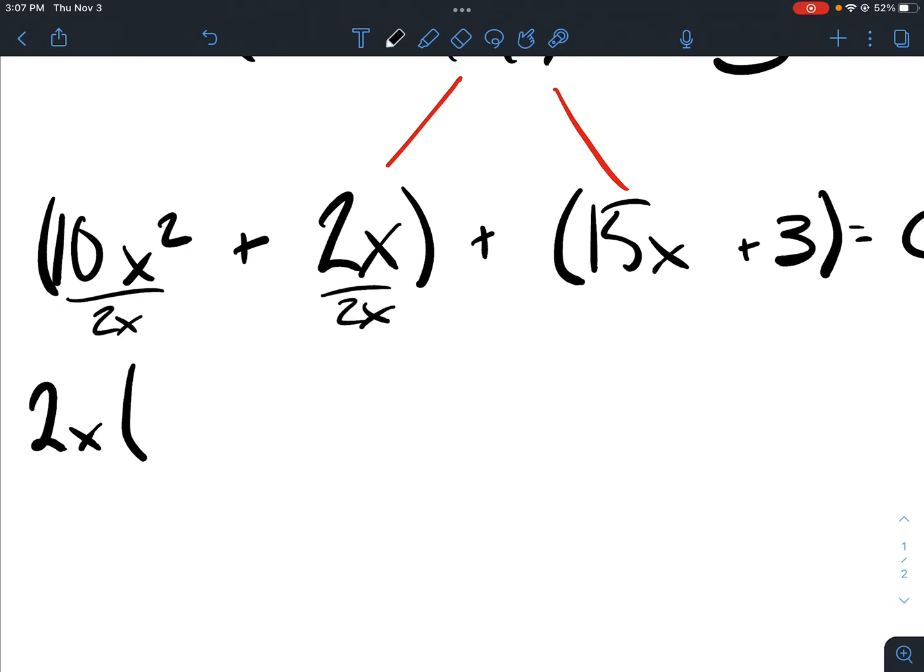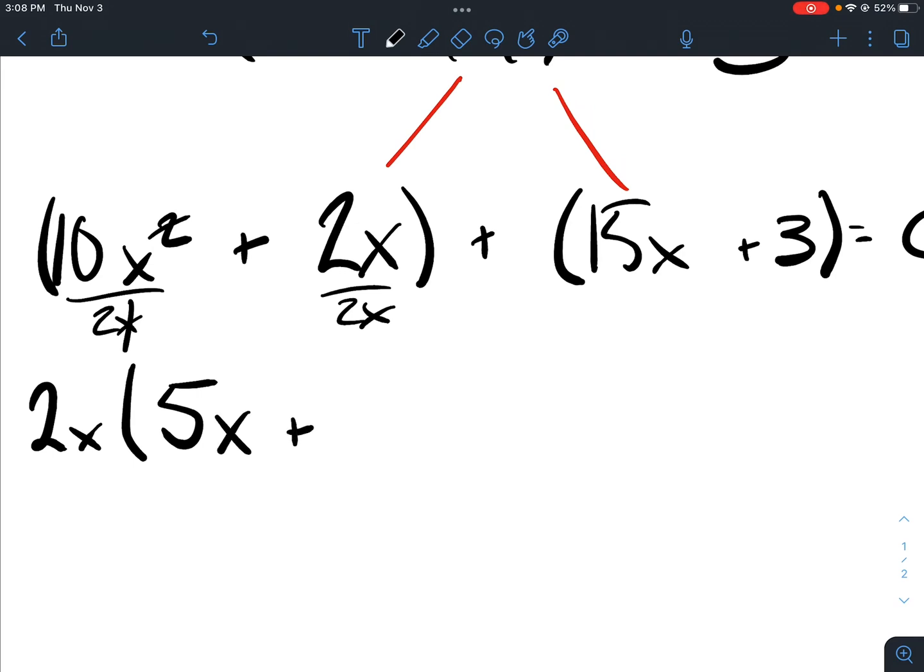So the 2x divided by 2x. So 10x squared divided by 2x, for the number portion, is going to leave us with a 5, and x squared over x is going to cancel one of the powers.